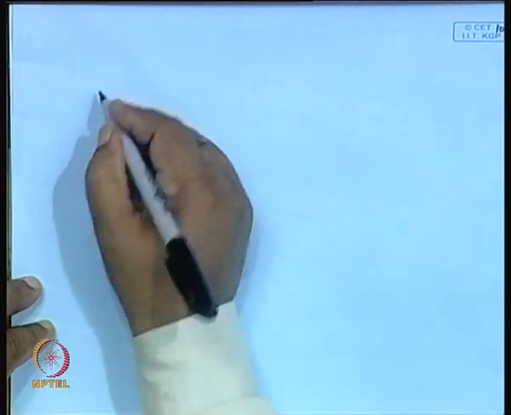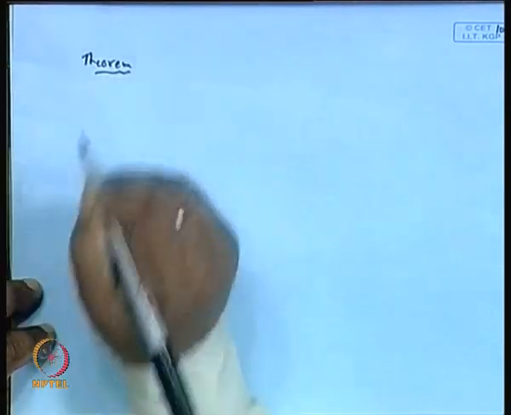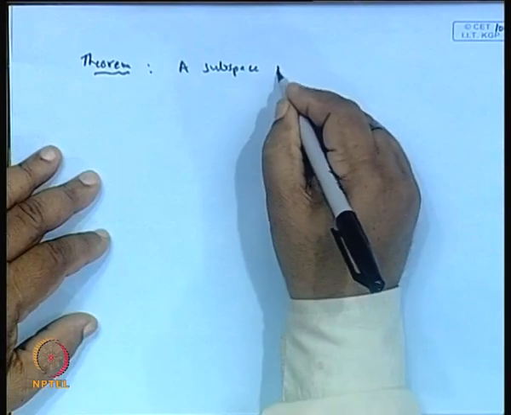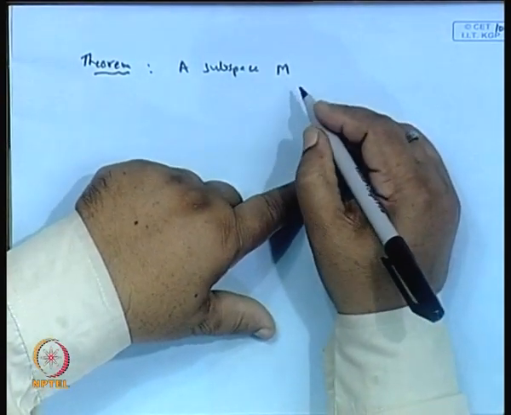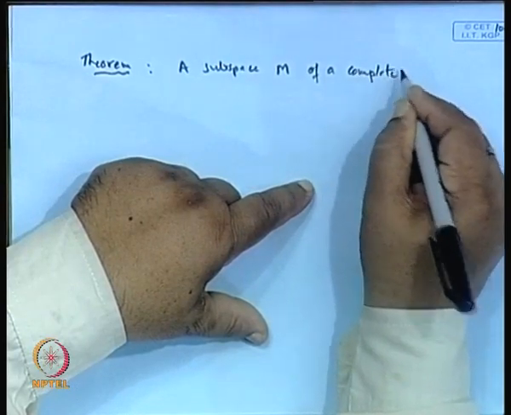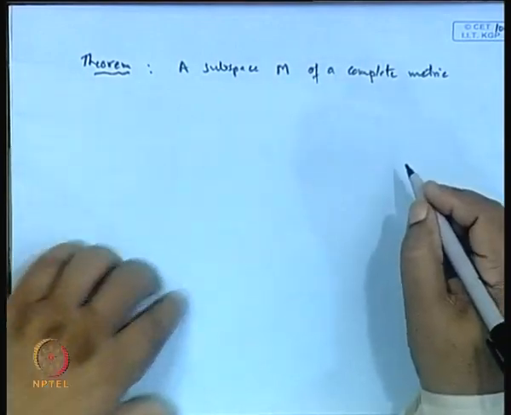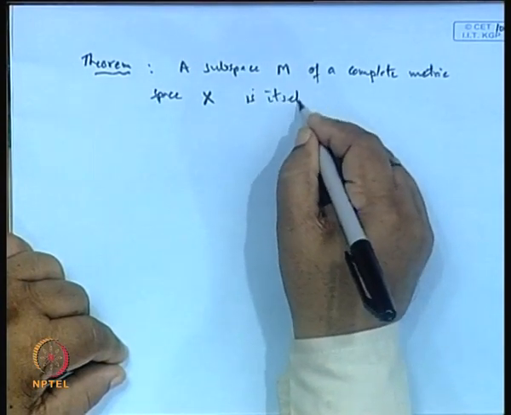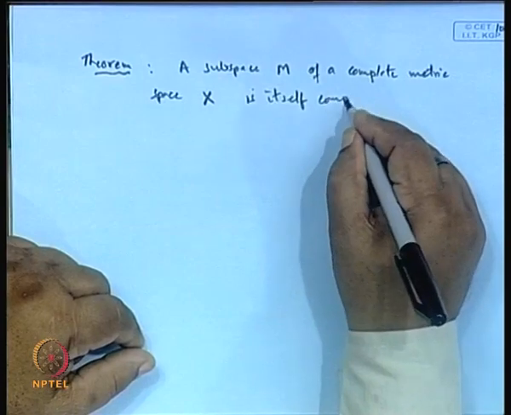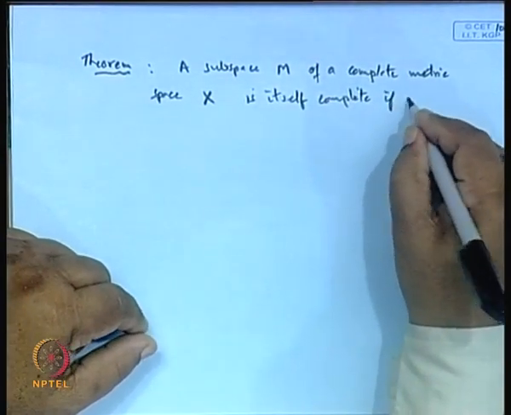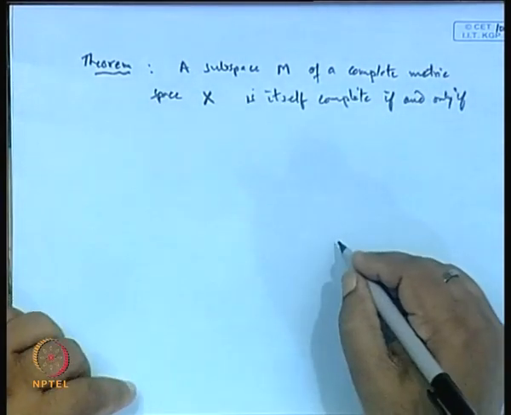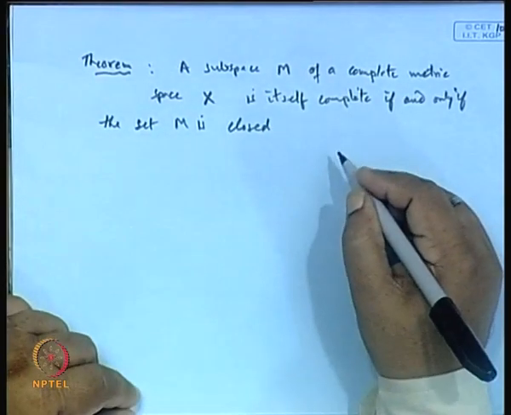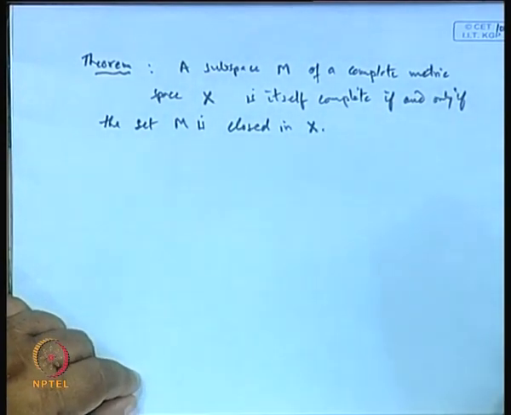Okay. Now, there is another result. A subspace M of a complete metric space X is itself complete if and only if the set M is closed in X. So, what is the meaning of this?